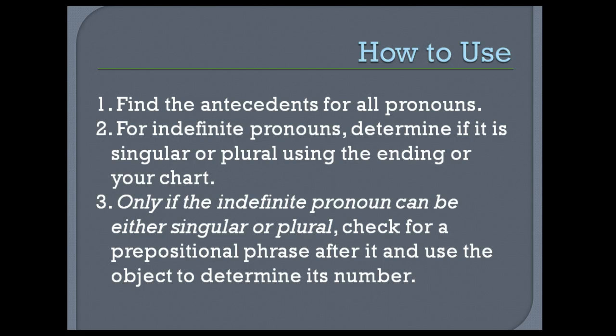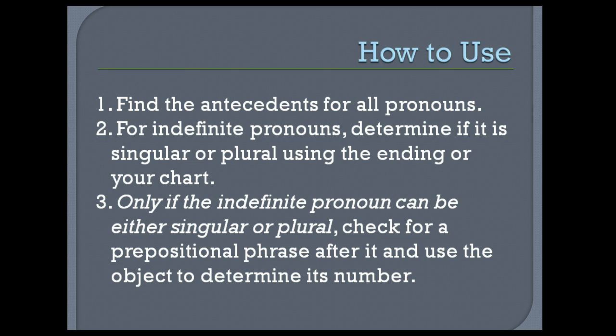If we have both of my friends, both is always plural. Replace it with they or them. However, if it's all, such as all of my classes, all could be singular, like all of a pizza, or it can be all of my classes and we have plural.